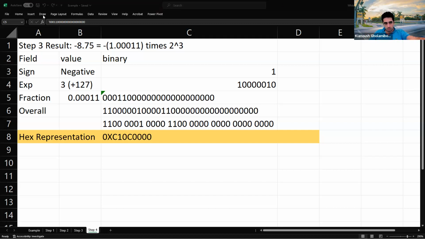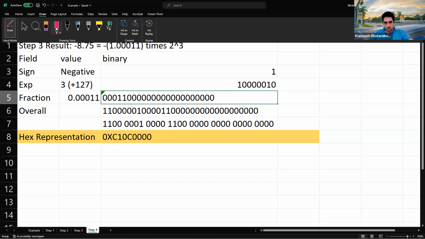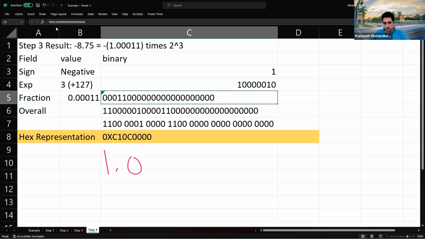Those really don't matter. Second thing is you gotta keep the rest and apply the weight that I mentioned before on them. So as I said, the weights after the binary point become negative powers of 2. So the fraction part is basically here 1.00011, right?